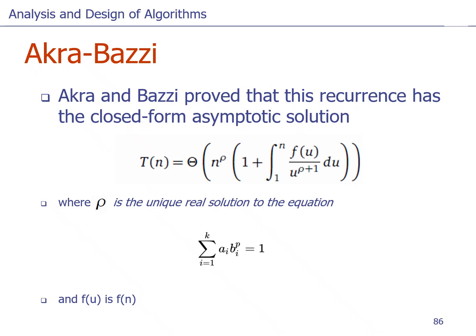Now the new part here is, how do we find the tau? Tau is the unique solution to the equation shown below: the summation from i equal to 1 to k of a sub i times b sub i to the power of negative tau equals 1. Where do I get the a and the b?